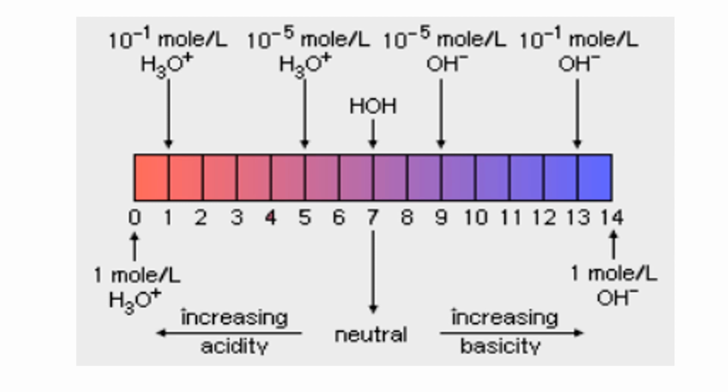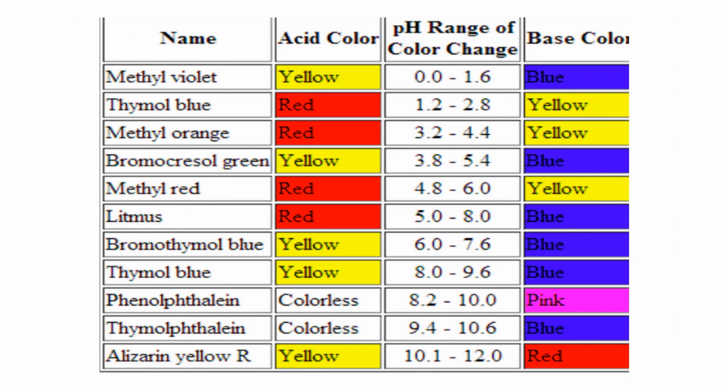Why is that difficult to tell? Because the litmus changes color in this pH range between 5 to 8. So if your pH is below 5, the color change is obvious.